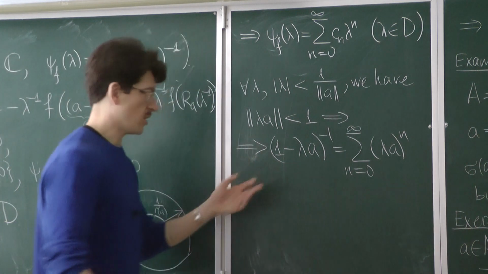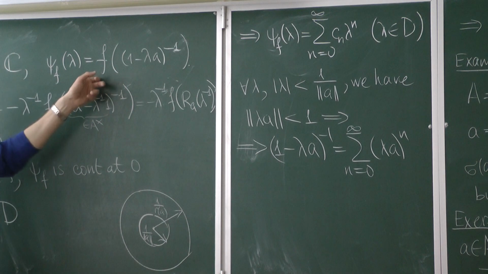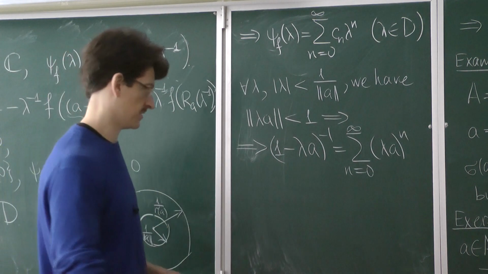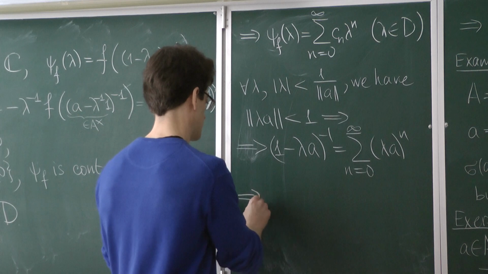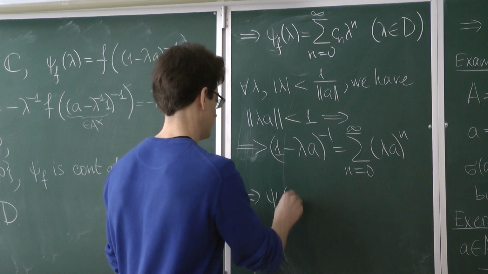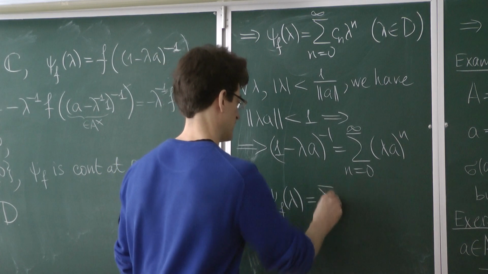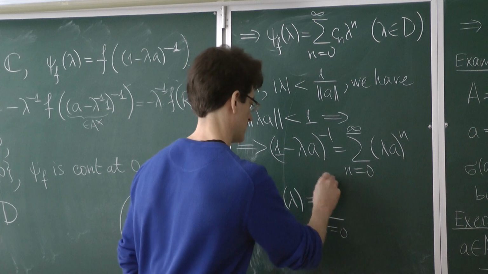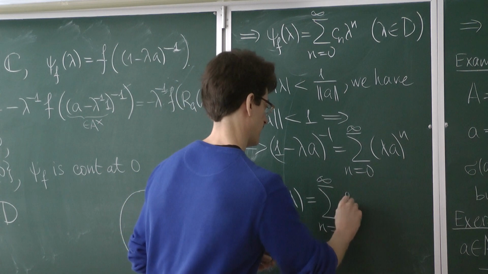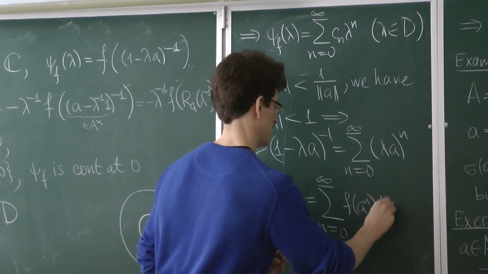Okay, and if we now apply the functional f to both sides of this equality, we get that psi f of lambda equals the following sum: f of A^n, lambda to the power n.